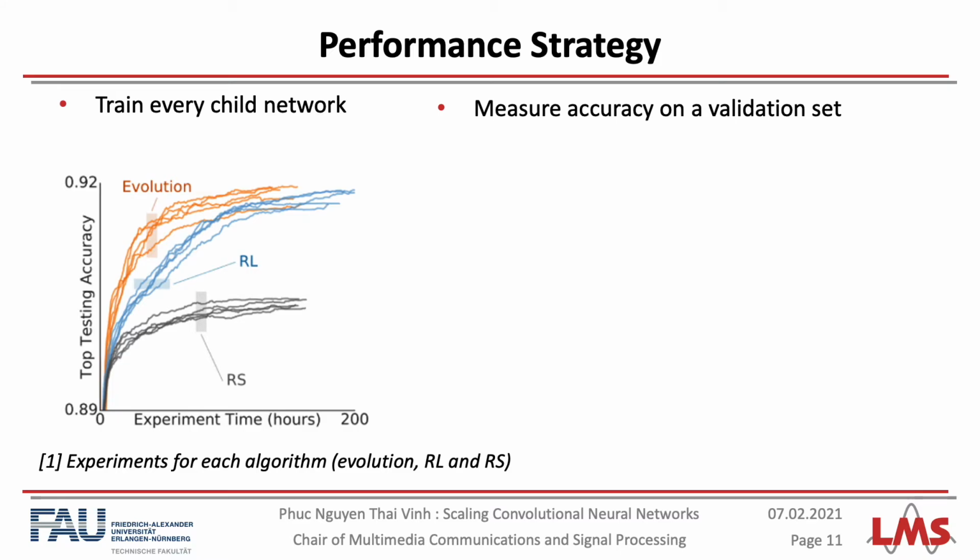As you can see, we increase the number of experiment hours, and the evolution performs better and has really high performance in the early stage, so we can use this criterion to stop early. In later experiments, the accuracy of evolution still performs much better than reinforcement learning and random search.